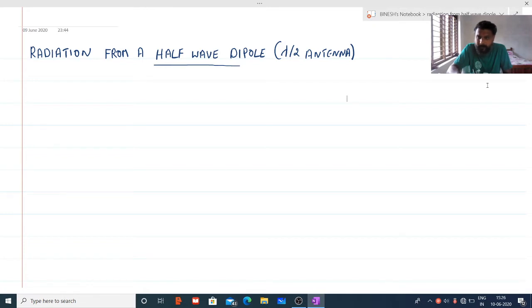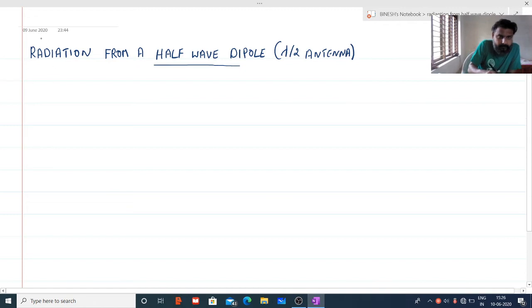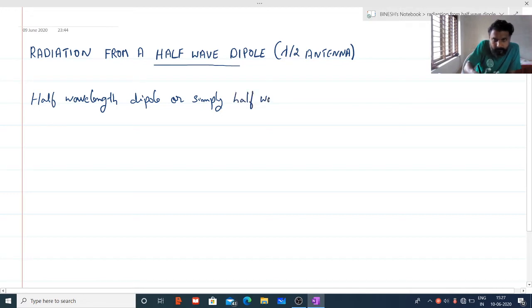I can call this half wave dipole antenna a half wavelength dipole, or simply a half wave dipole, or otherwise lambda by 2 dipole. The first point is the half wavelength dipole.